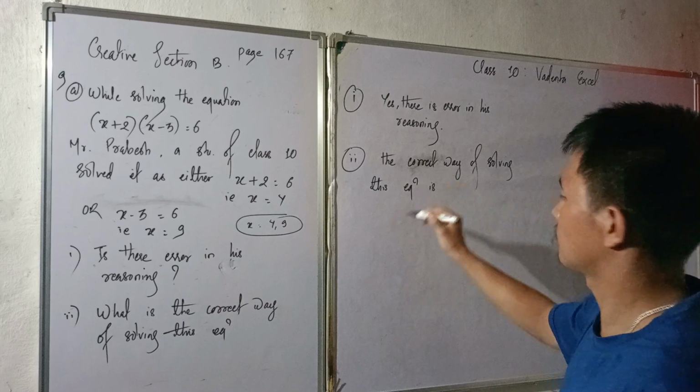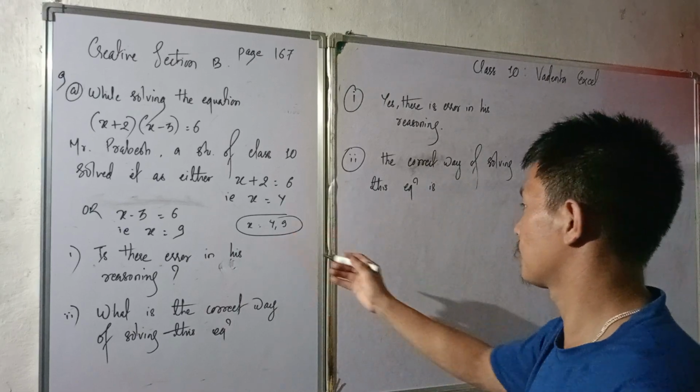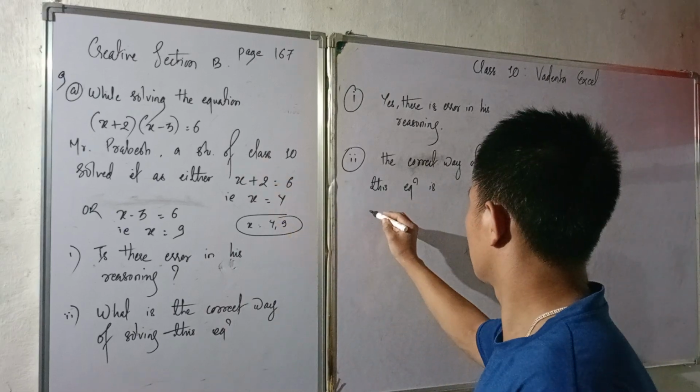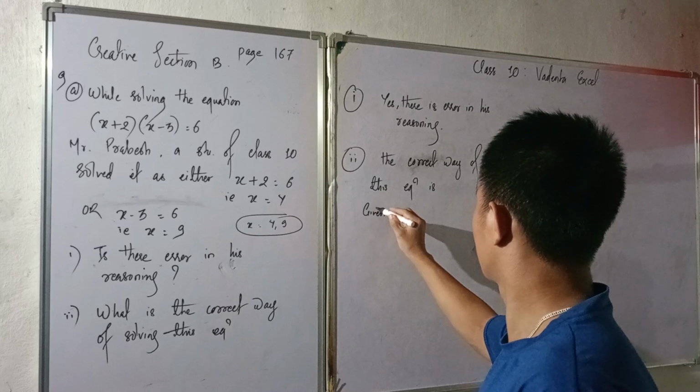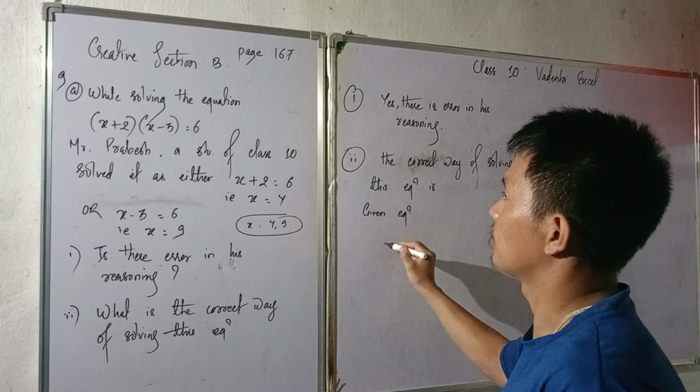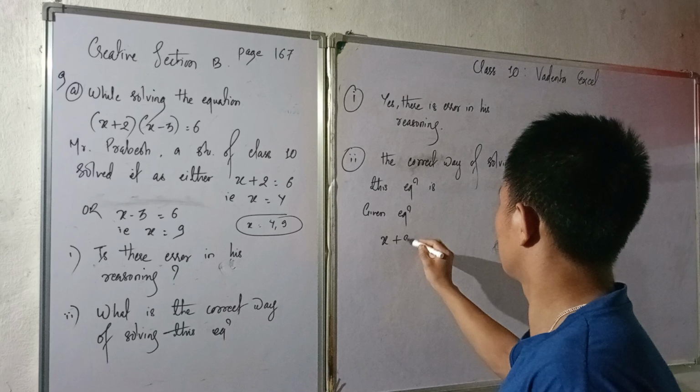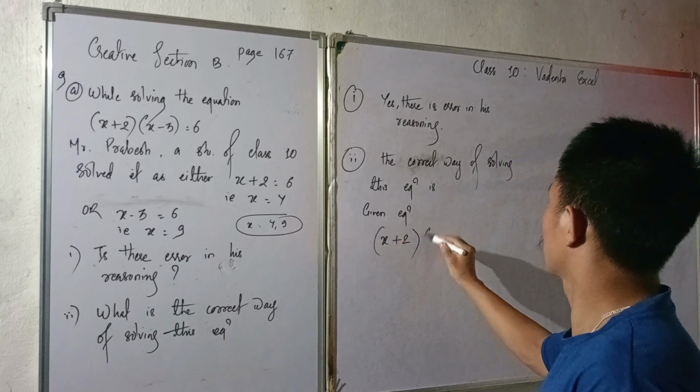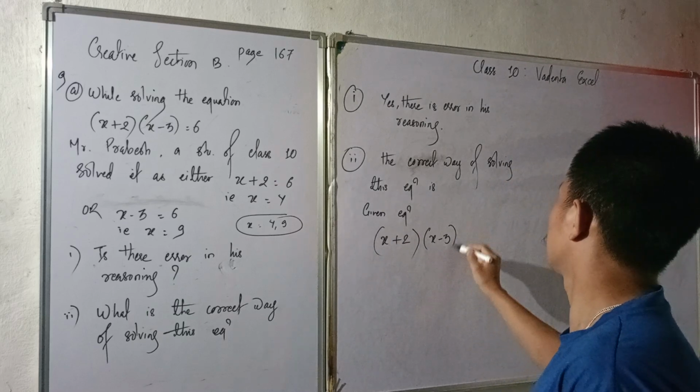Now look, we have the given equation: x plus 2 into x minus 3 equals 6.